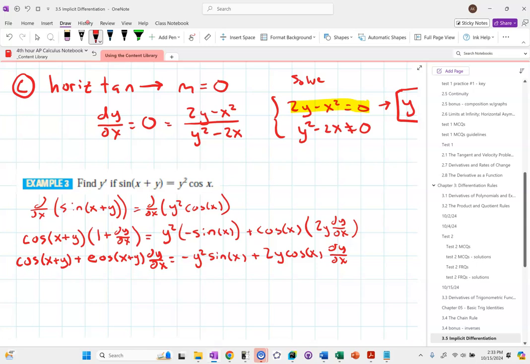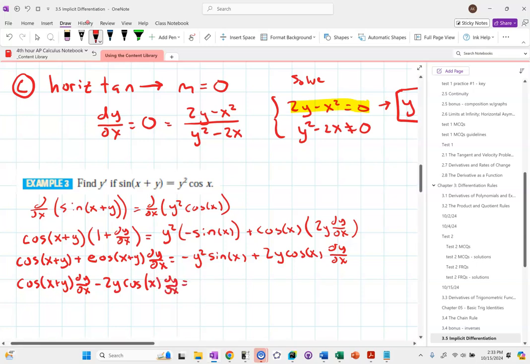I'm going to put my dy dx on one side, everything else on the other. So I'll subtract the 2y cosine of x dy dx onto this side, and I'll subtract the cosine x plus y to the other side.